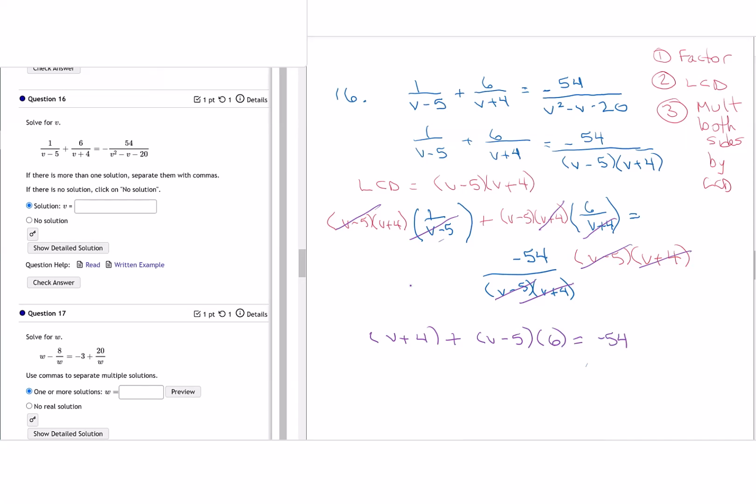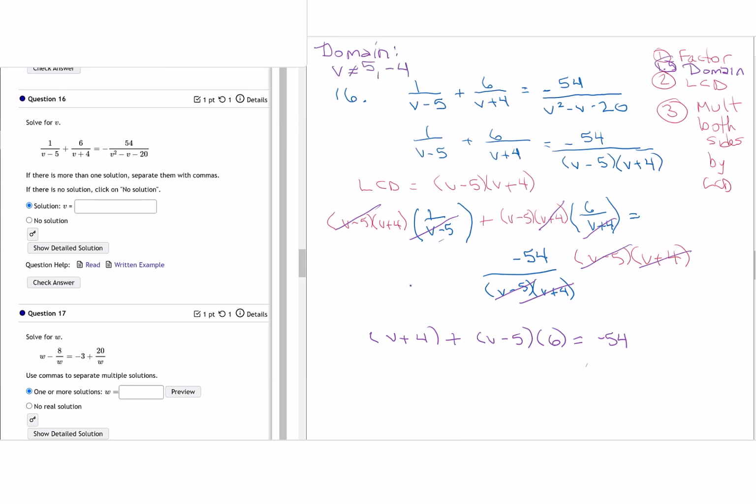Oh, but I did forget a step, didn't I? I'll call this 1.5. This is domain. So my domain is that V cannot equal 5 or negative 4.